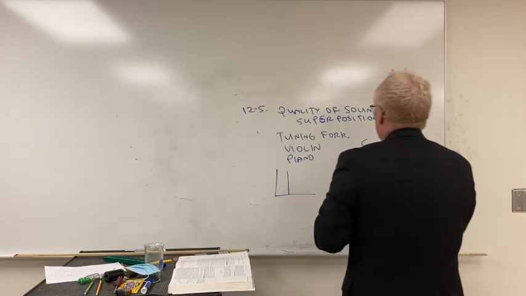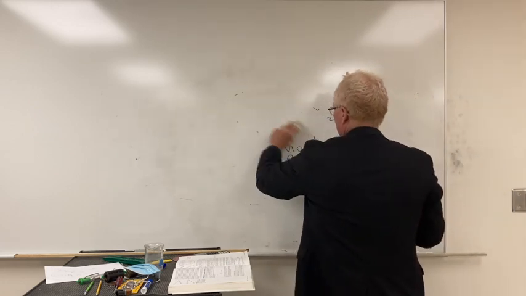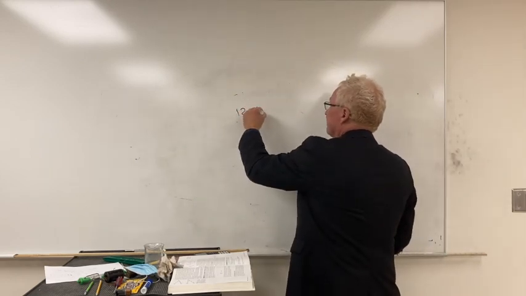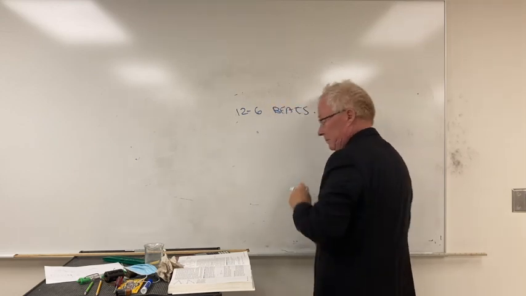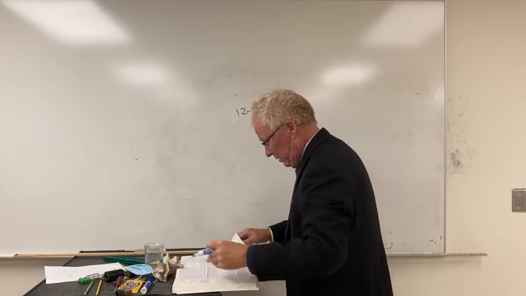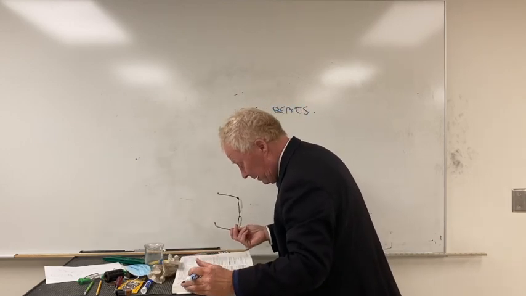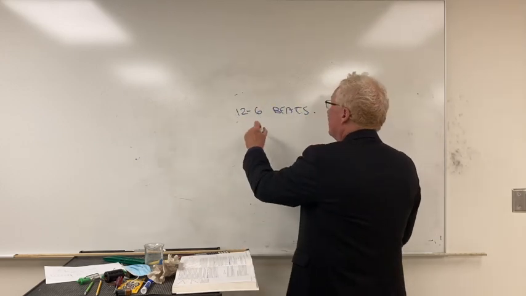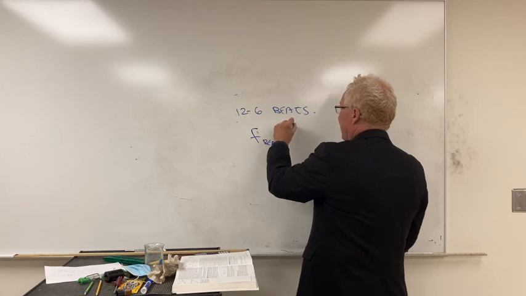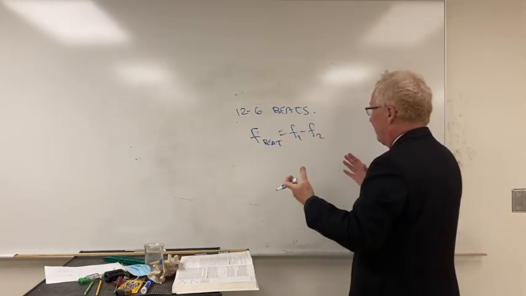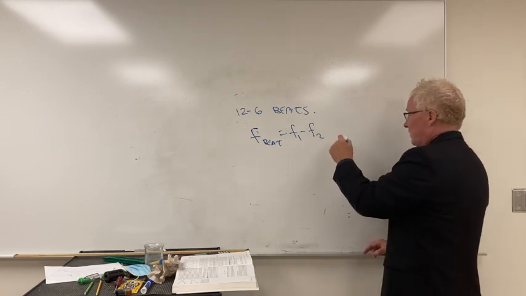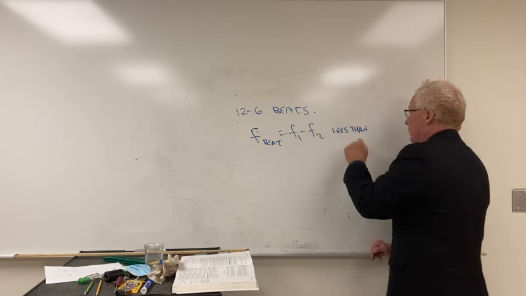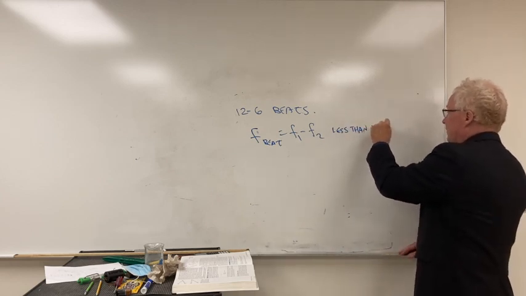12.6 is beats. And that is where the beat frequency f beat is f1 minus f2, and they need to be relatively close in frequency, so generally less than, I would say, even 10 to 15 to be heard.